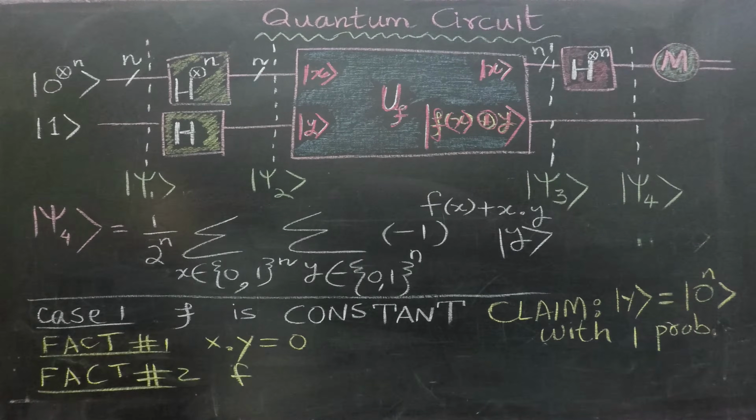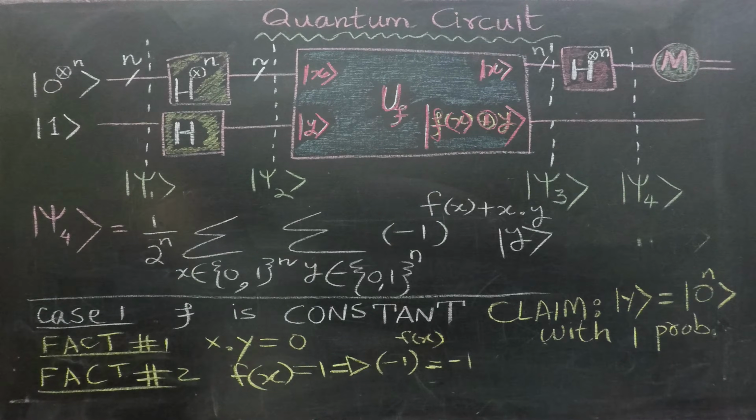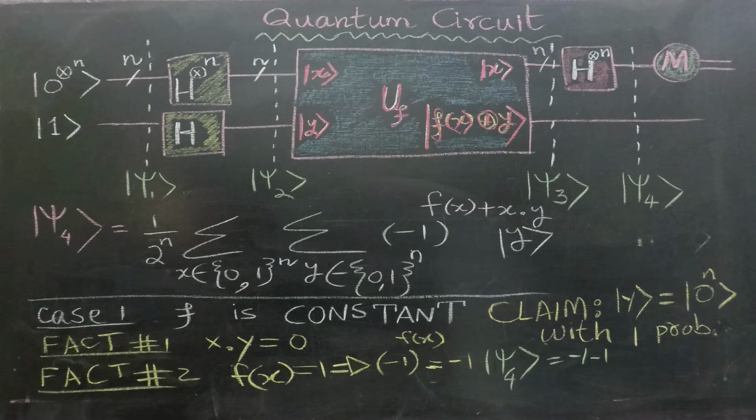In contrast, when f of x equals 1, then minus 1 raised to the power f of x will always return minus 1. Thus, in the numerator, we have the summation of all minus 1s resulting in minus 2 raised to the power n. The numerator and denominator cancel each other, making the amplitude of measuring ket 0 equal to minus 1.